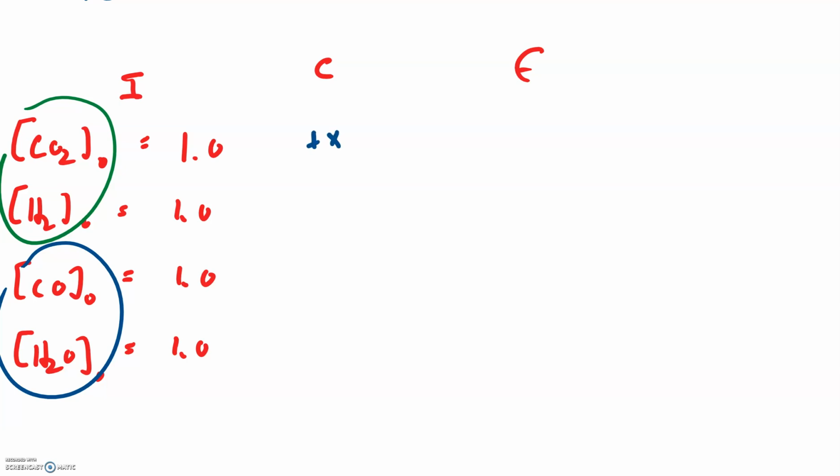These are going to increase by x, and these are going to decrease by x. So when we're done at equilibrium, the products will be 1 plus x, and the reactants will be 1 minus x.